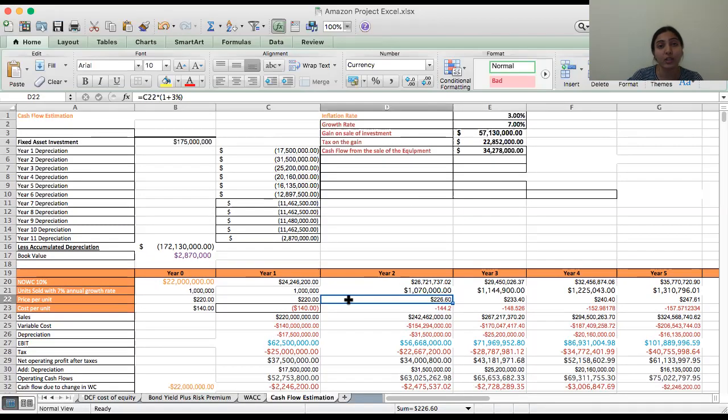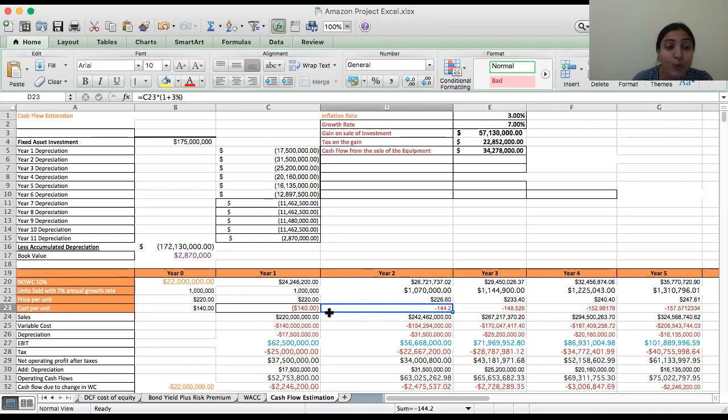And also for the cost per unit, you have to apply the same formula. Cost per unit amount, that is $140, multiplied by 1 plus the inflation rate, that is 3%. This is the formula which I used. Since it is a cost, you have to deduct it.